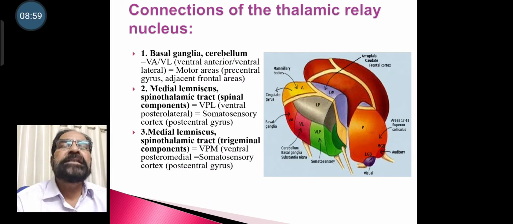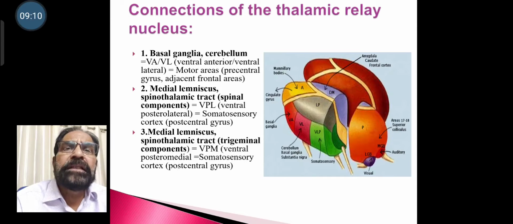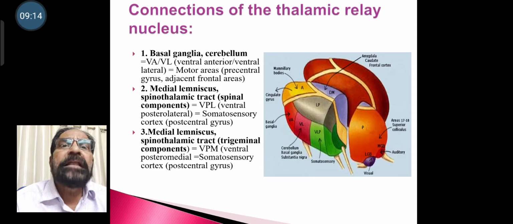Then we go to connections of the different thalamic nuclei and the relay nucleus. So basal ganglia and cerebellum, these are connected with ventral anterior and ventral lateral, and they connect the motor areas, that is precentral gyrus and adjacent frontal areas.